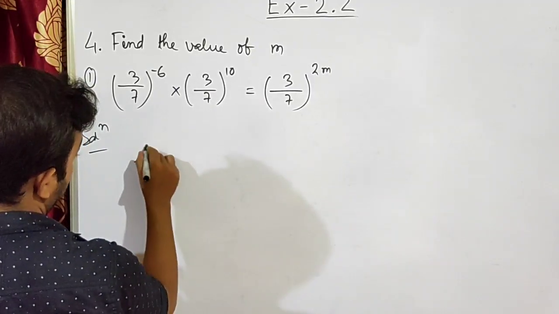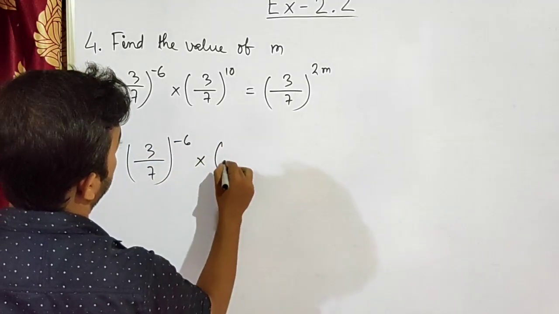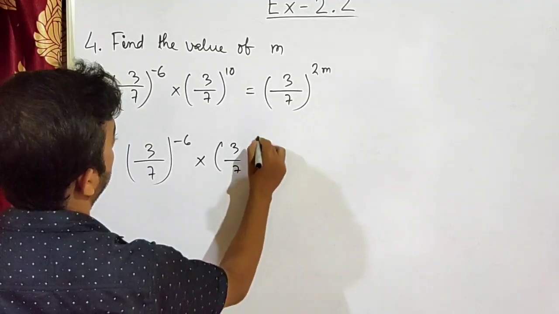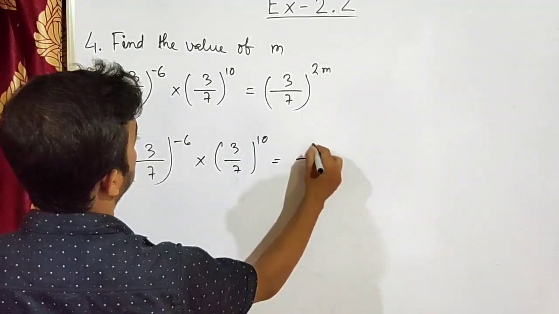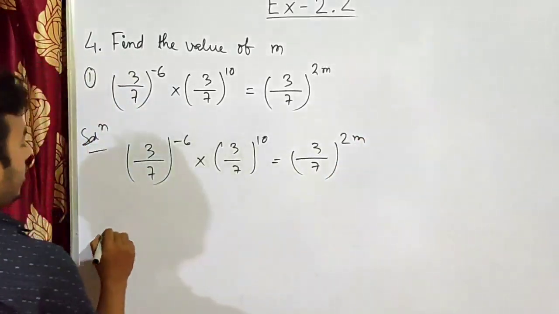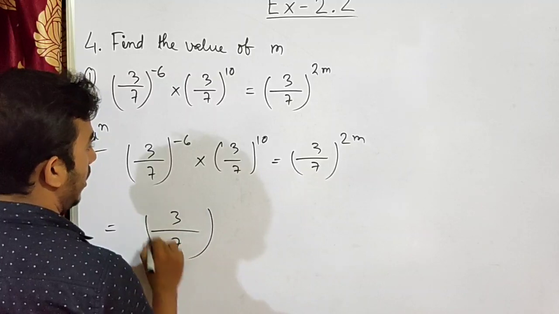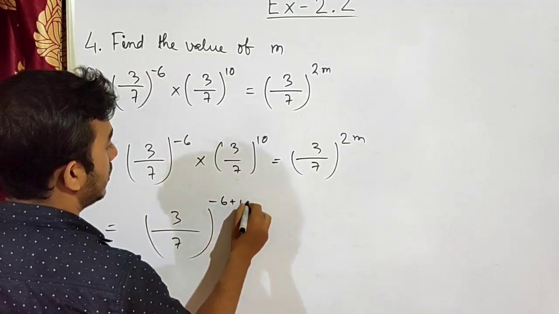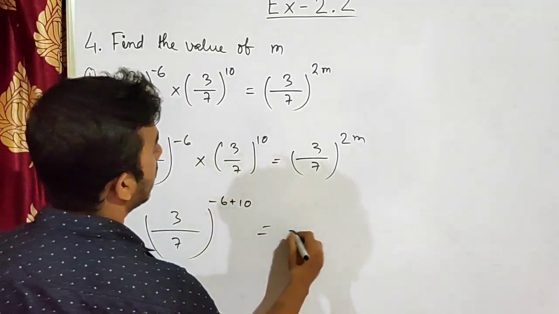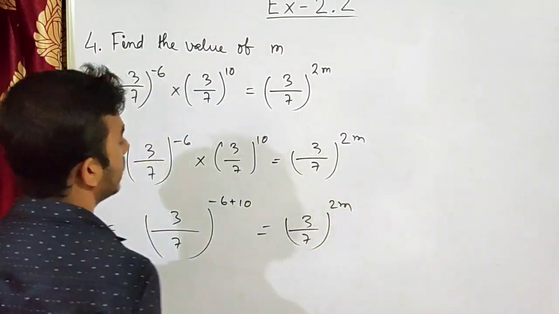We can write it like this: 3 to the power 7 into 3 to the power minus 6 into 3 to the power 10 equals 3 by 7 to the power 2m. So if we take the base common, it will be 3 to the power 7, minus 6 plus 10, isn't it? Equals 3 by 7 to the power 2m.